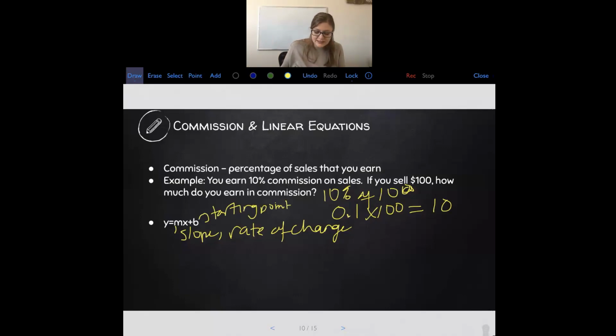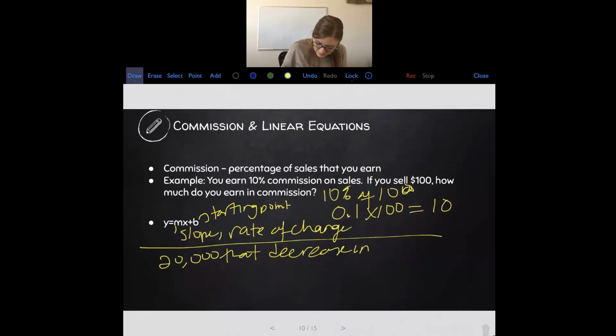Okay, so let's say you have a $20,000 car that decreases in value by $2,000 each year. And you want to write a linear equation to model this scenario.